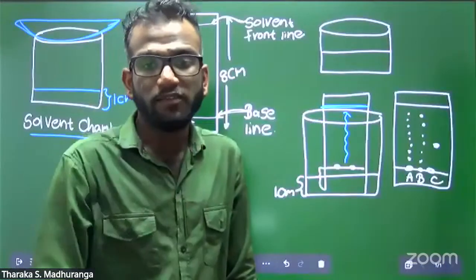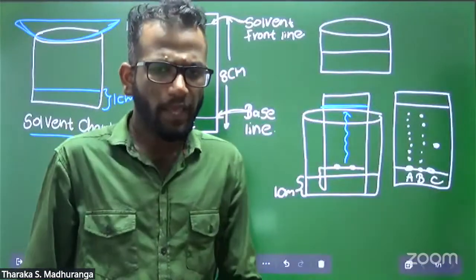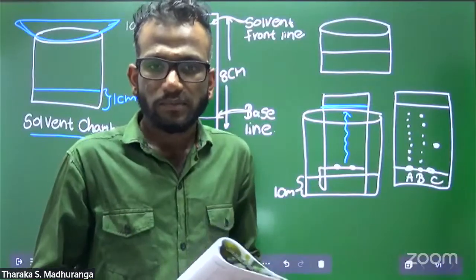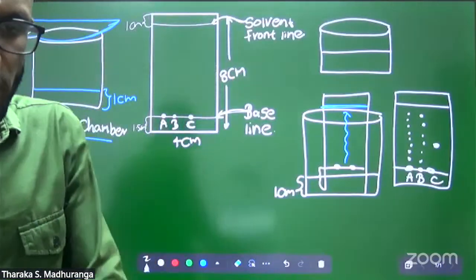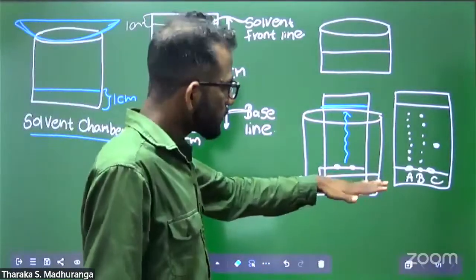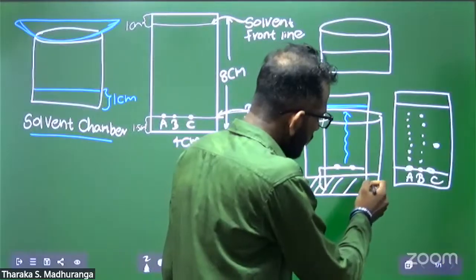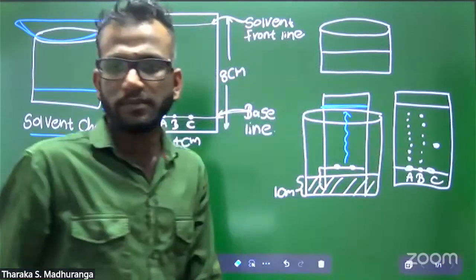Why is that? What's the reason? Can you explain? That can be an exam question. The solvent must not touch the baseline. Why?